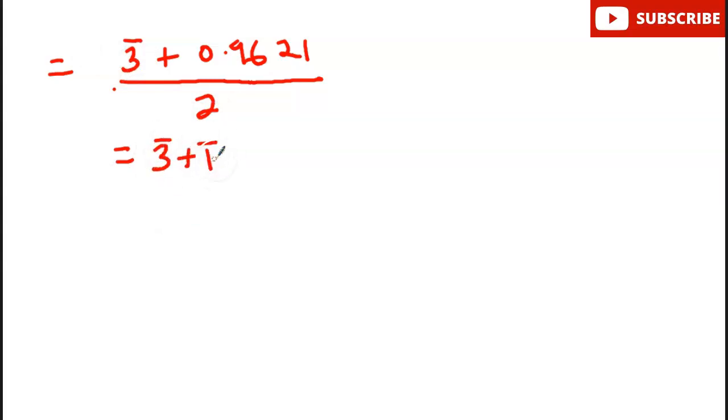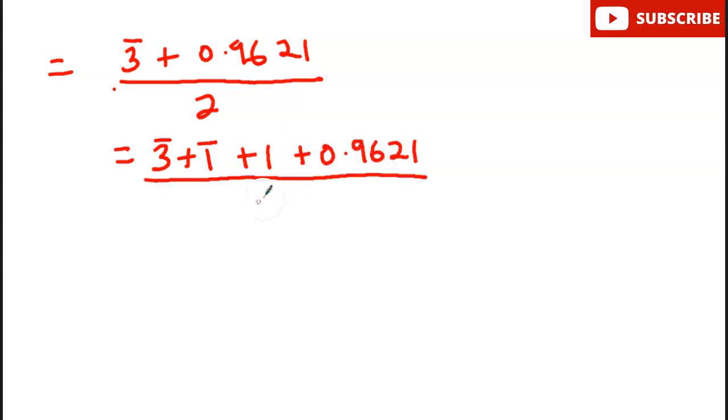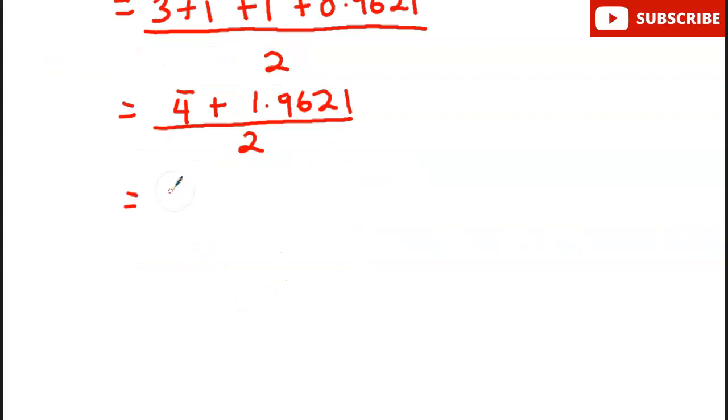Now because we have added 1 bar, we need to add 1 plus 0.9621 on 2. So that we have 3 bar plus 1 bar is 4 bar. Then we add this to this. So 1.9621 on 2. So we have 4 bar over 2.